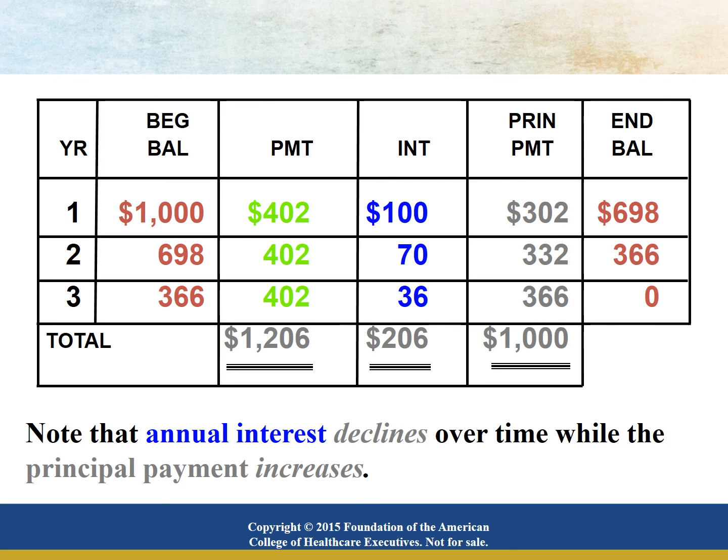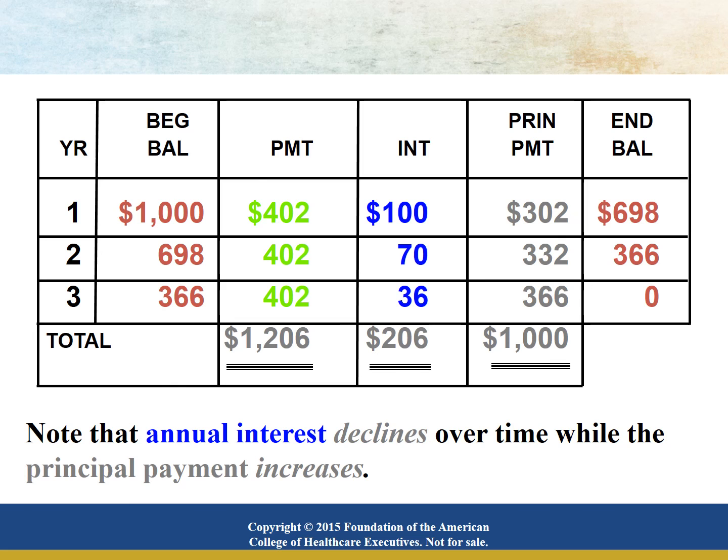So your beginning balance is 1,000 in year 1. You've made a payment of 402. The interest that we calculated is 100. Your ending balance is 698. So now your beginning balance in year 2 is 698. You're making that same $402 payment, but now your interest has gone down. We calculated it off the 698 instead of 1,000. So 10% of 698, $70 rounded.